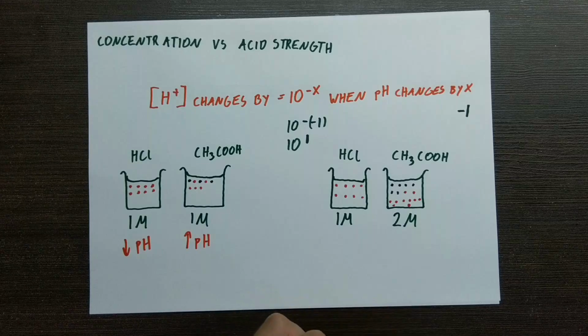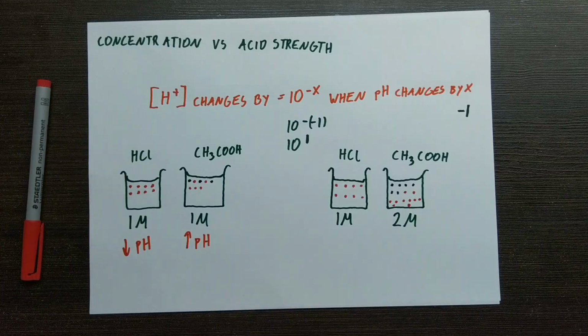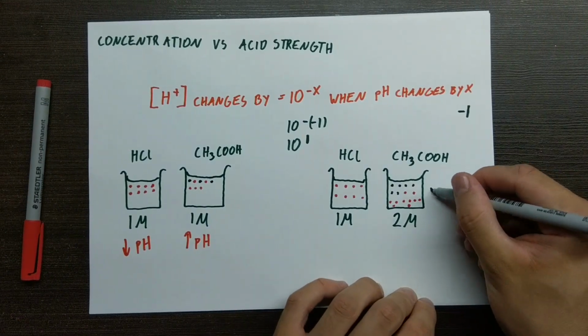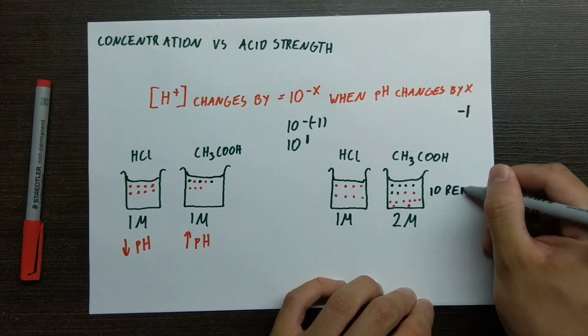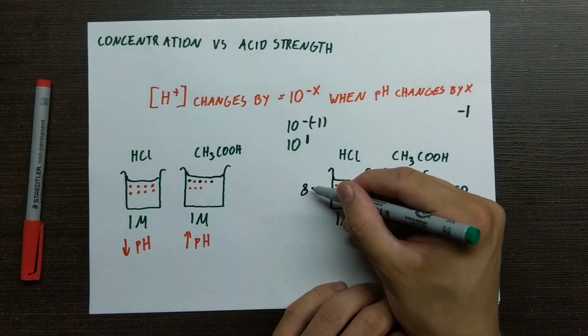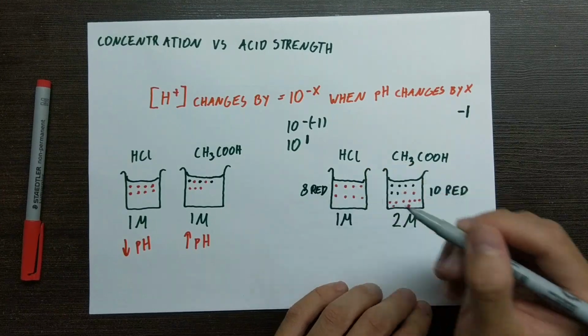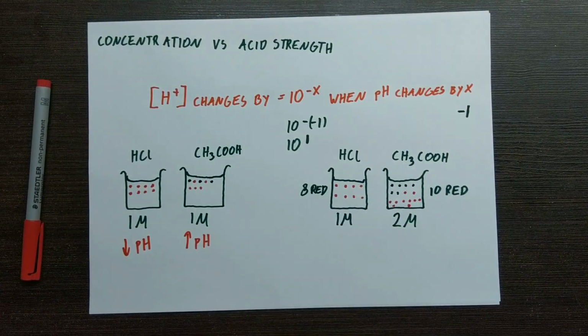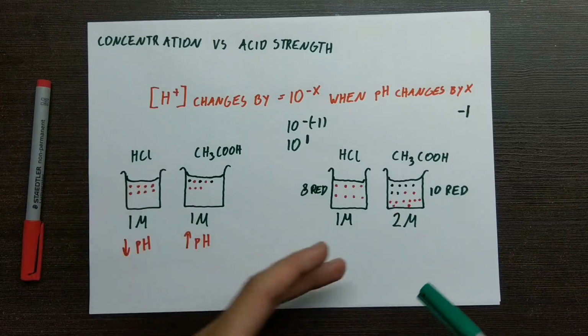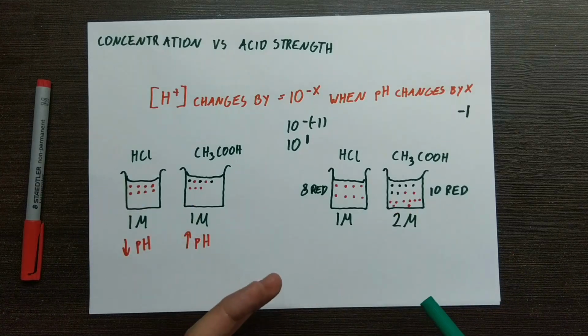Okay, so here we have 10 red ones, and here we have 8 red ones. So here we have 8 molecules splitting into the ions giving protons. Here we have 10 molecules giving protons.